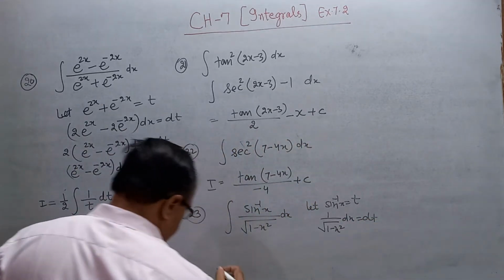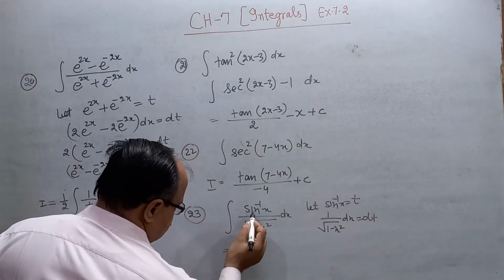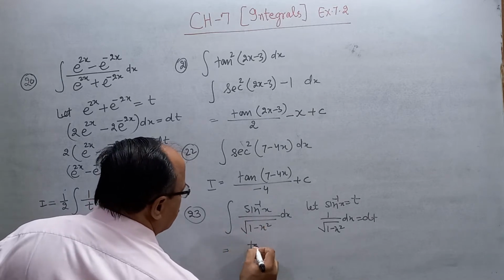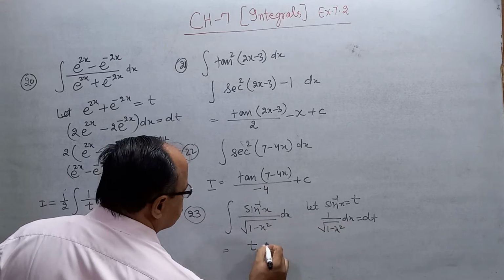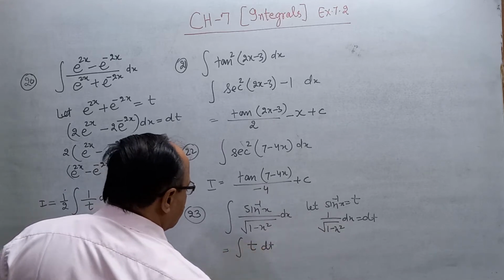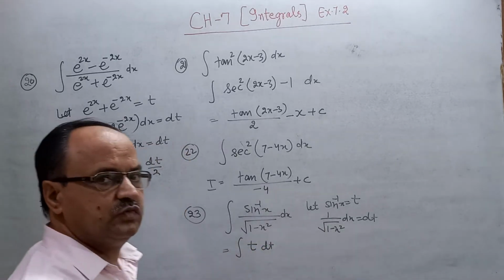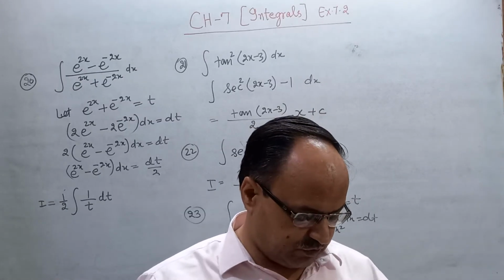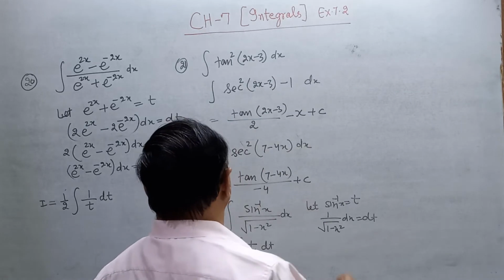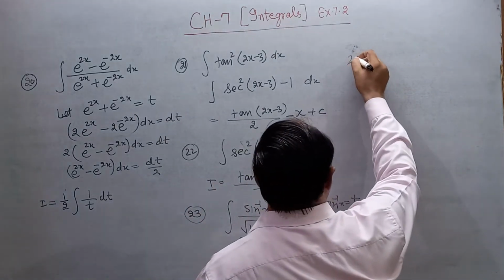Therefore in this place you can write t dt, and the integration of t, you know, is t square by 2; put the value of t. This is the solution of question number 23.